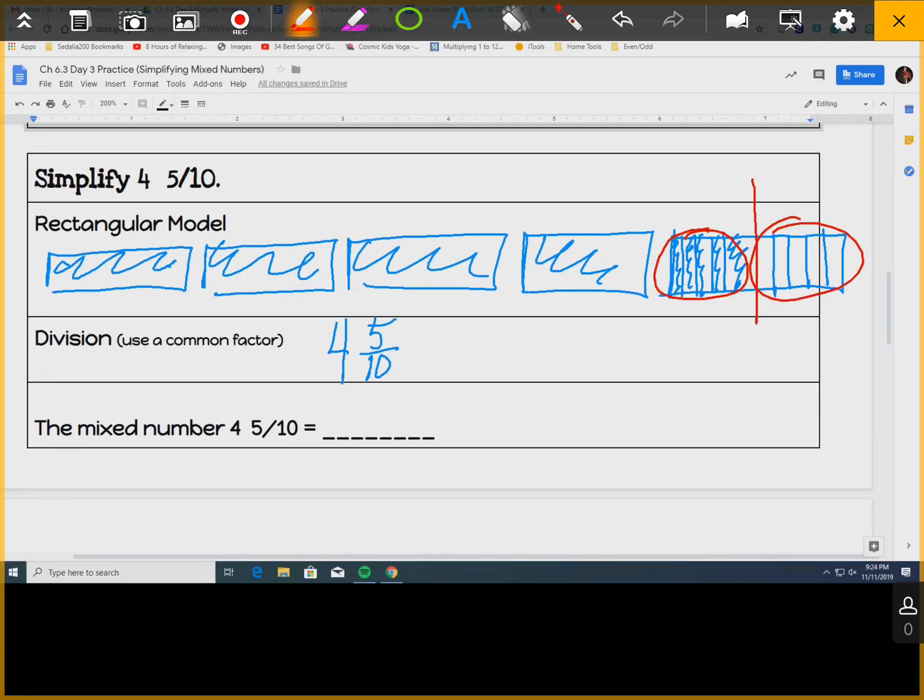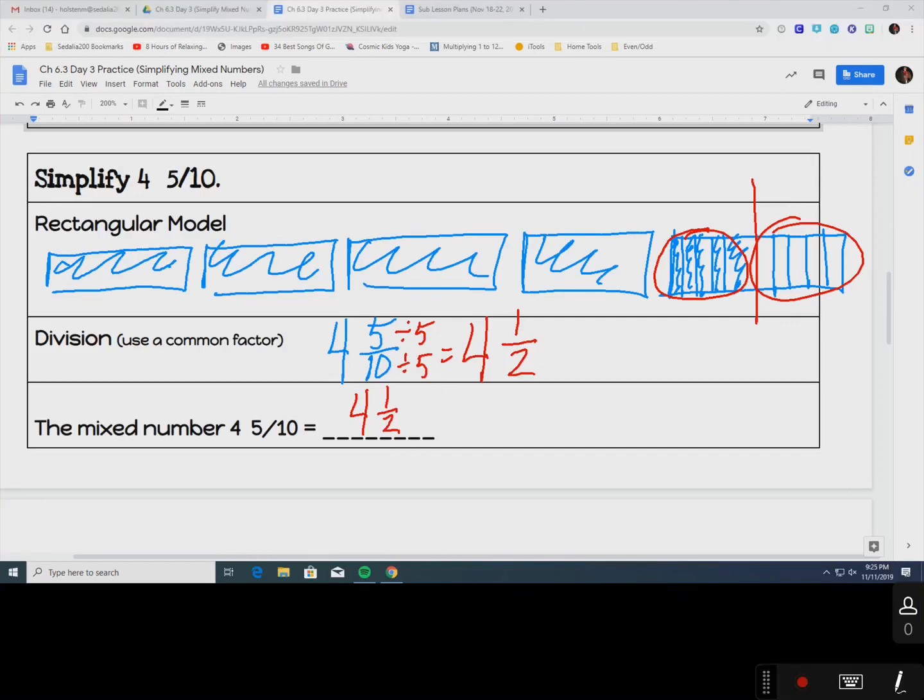So I'm dividing those into groups of 5, and I can divide my numerator by 5 and my denominator by 5. So I'm going to go ahead and do that. Now my simplified fraction is 4 and 1/2. I'm going to write that right here, 4 and 1/2. Remember, our goal today is to be able to simplify mixed numbers.